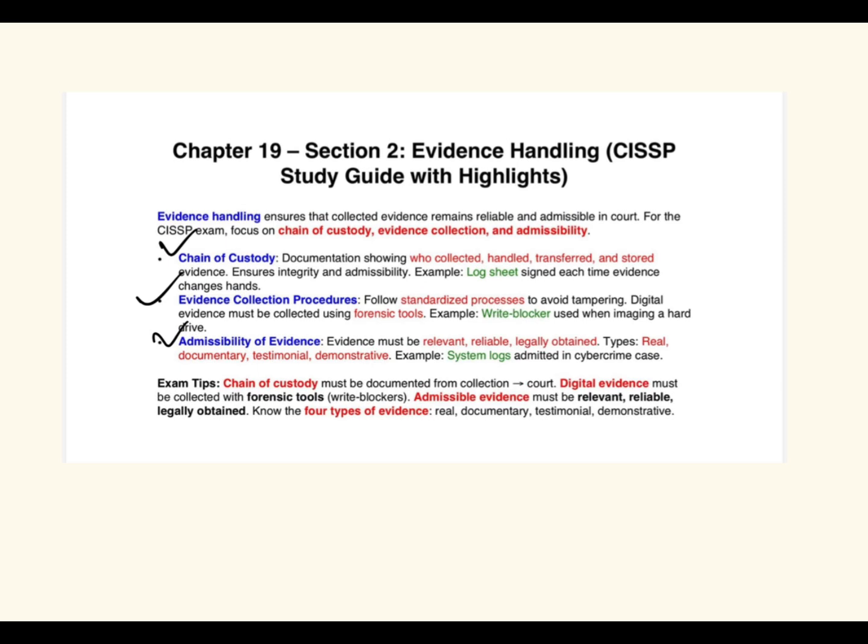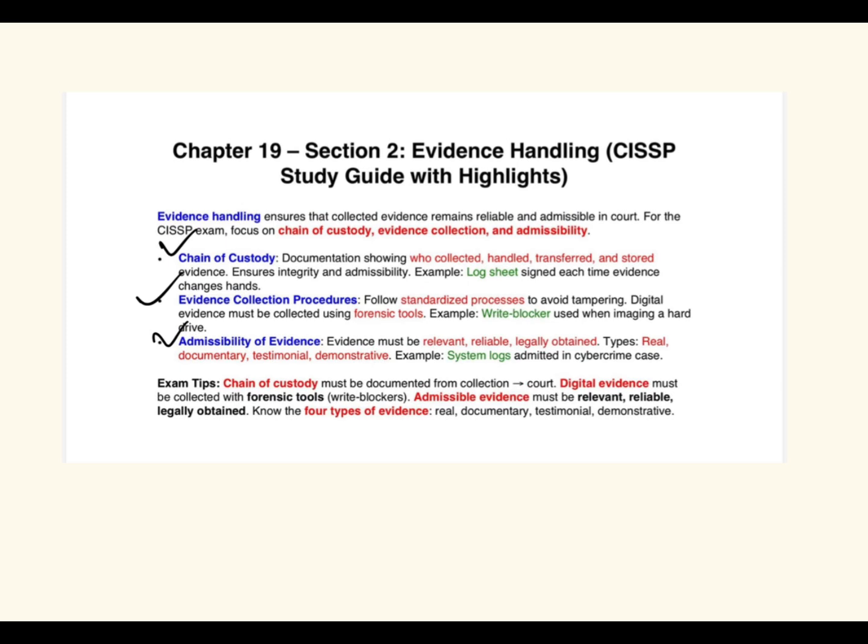Evidence collection means standard forensic procedure, for example, a write blocker, and when we use a write blocker, it prevents tampering. Admissibility: evidence must be relevant, reliable, legal. System logs must follow law. Types of evidence: real, documentary, testimonial, demonstrative.